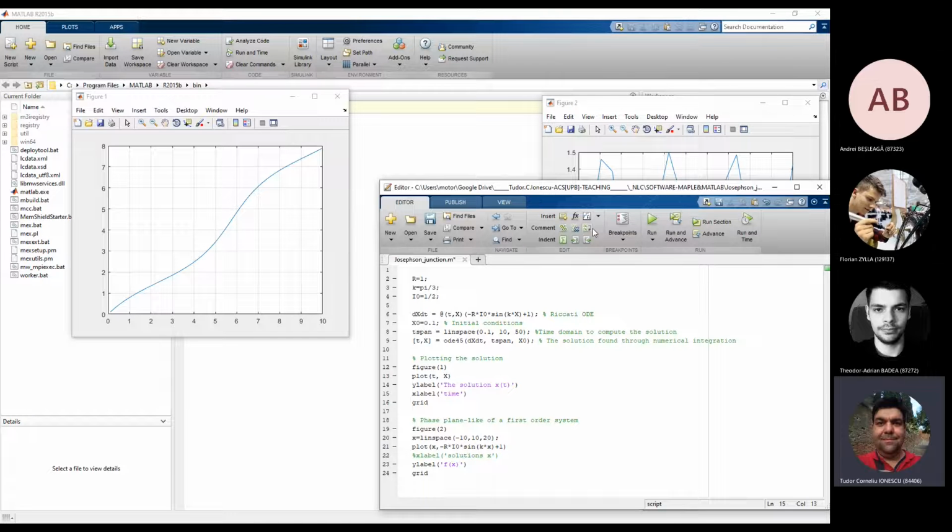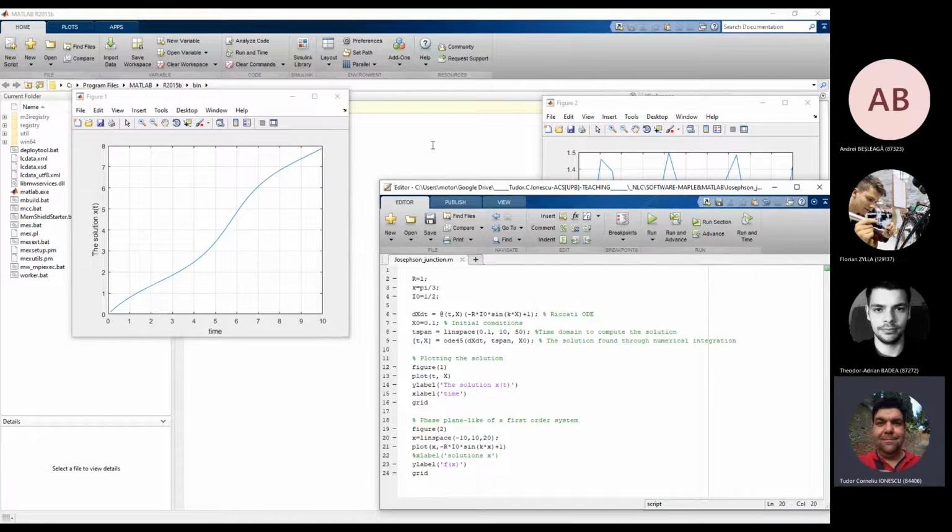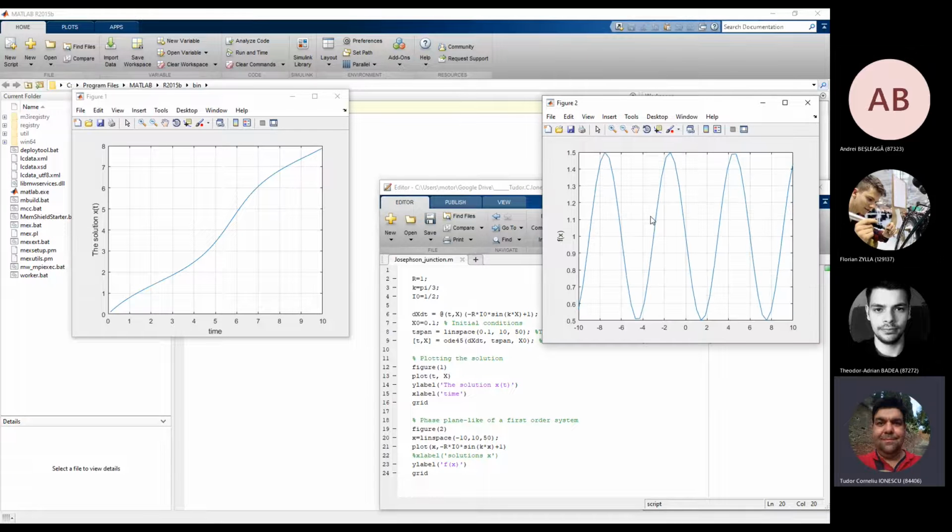Let's run this again. So this is the solution. And this is the plot of fx versus x.